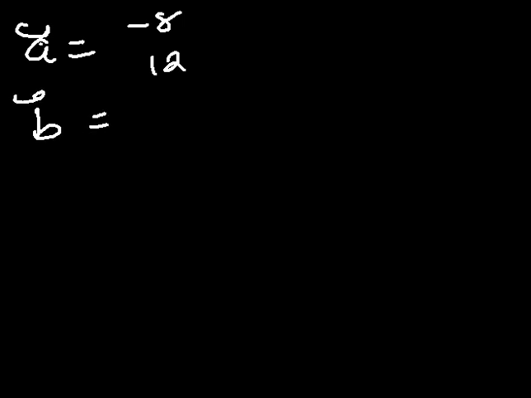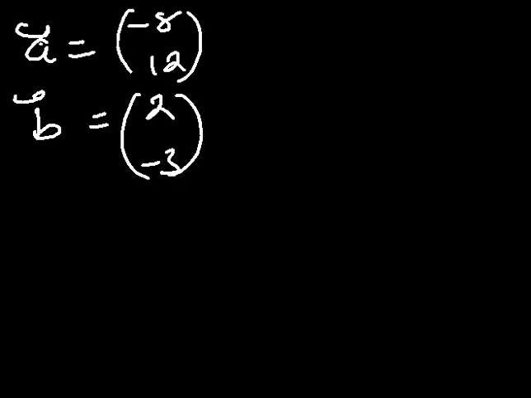Now try the following problems in your own time. You have to show whether the vectors are parallel vectors or not. Let's say we have the vector a, that is (-8, 12), and then we have the vector p, that is (2, -3), and you have to show whether these two vectors are parallel vectors or not.